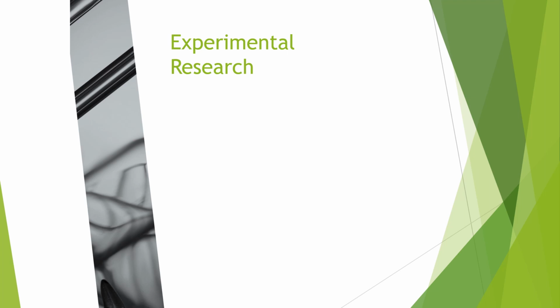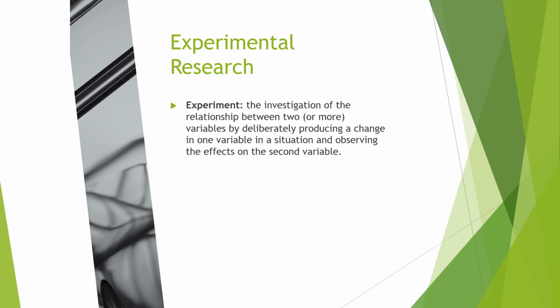If you remember, we said that with naturalistic observation, you lose a lot of control in your experiment. With experimental research, you have a lot of control in your experiment. So with experimental research, it is the investigation of a relationship between two or possibly more variables, and you are deliberately producing a change in one variable to see if it affects the second variable.